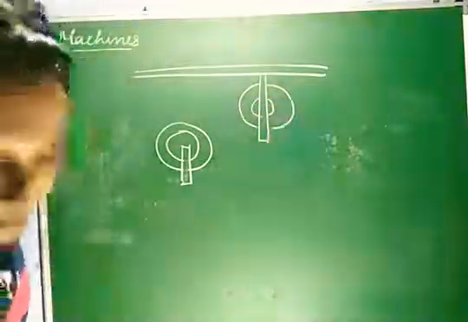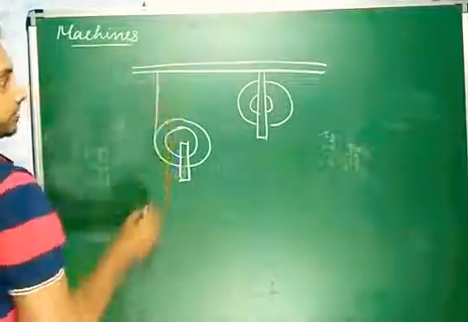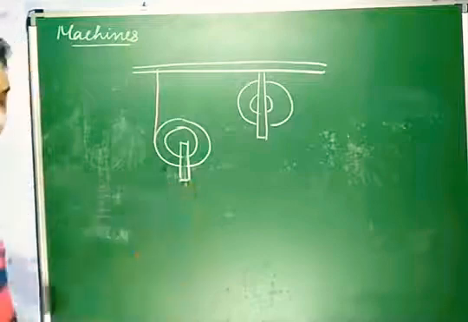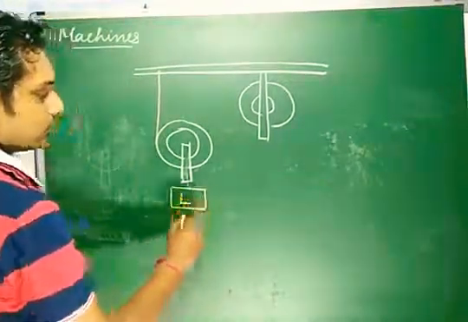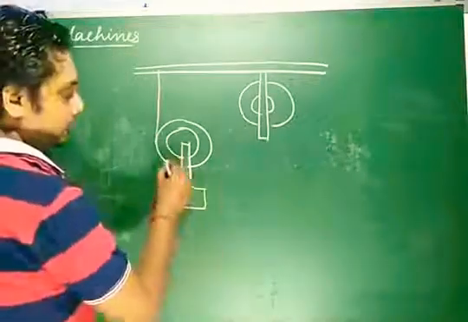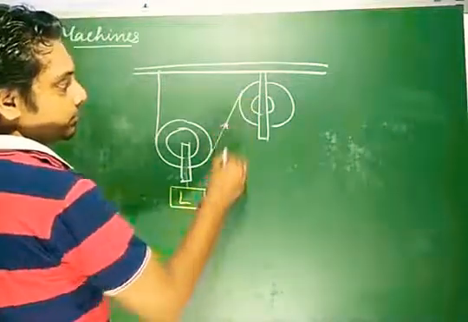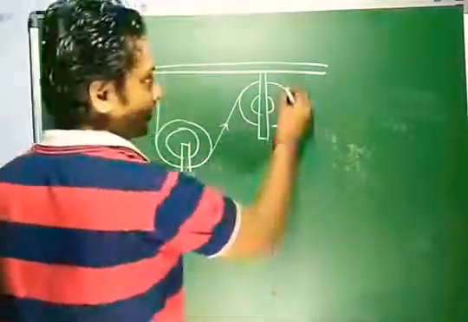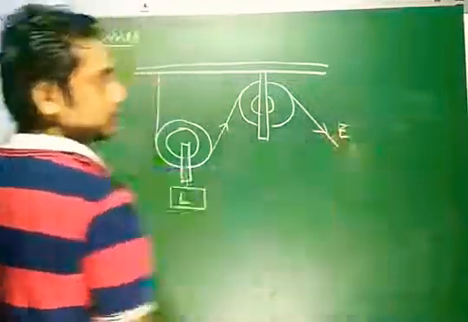Alright, now how the thread will come, one thread will go like this. Here we will put the load. Alright, so from here it will go like this, and to this end it will go. And from here the string will come out as the effort.